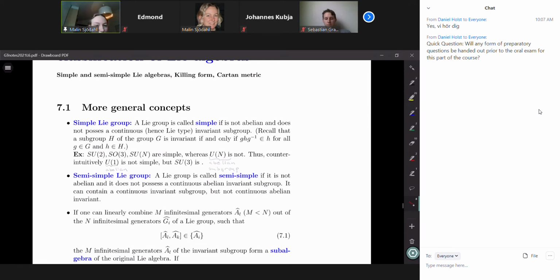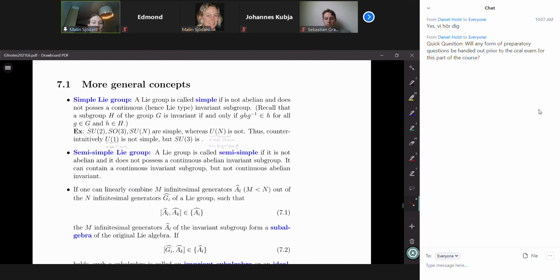So at least semi-simple is slightly less simple than simple. So why are they called semi-simple and simple? In what sense are they simple and semi-simple? We will see that the semi-simple groups we can split up into simple groups. So they are some sort of sum of simple groups, and therefore they are semi-simple.